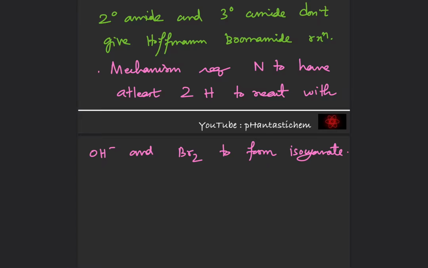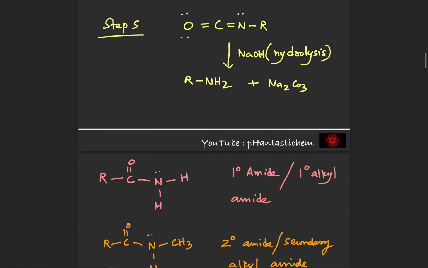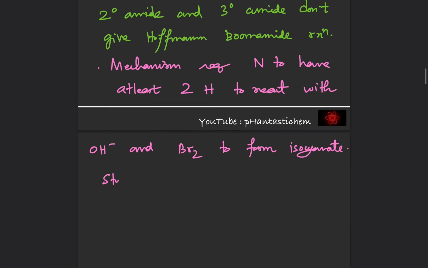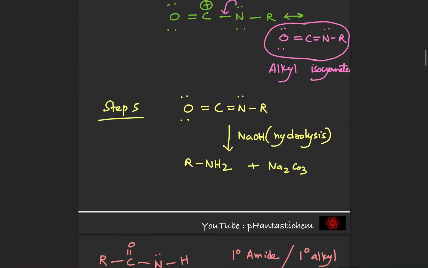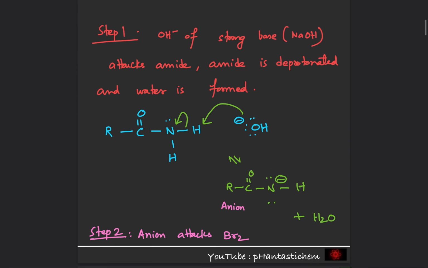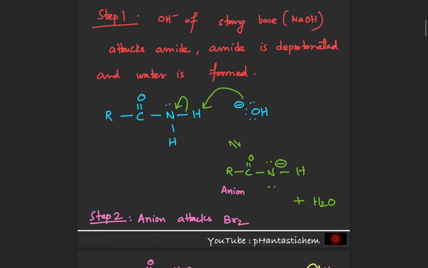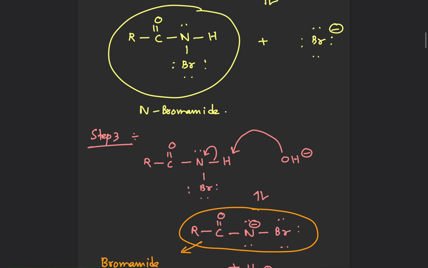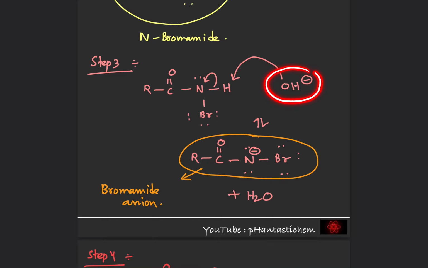So we saw in the mechanism we have two important steps, step 1 and step 3. In step 1 the base is attacking a hydrogen, so one hydrogen is required in the amide. And in step 3, again a base OH minus is attacking a hydrogen which is required in the amide, right?